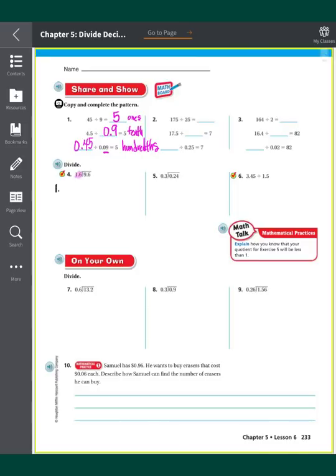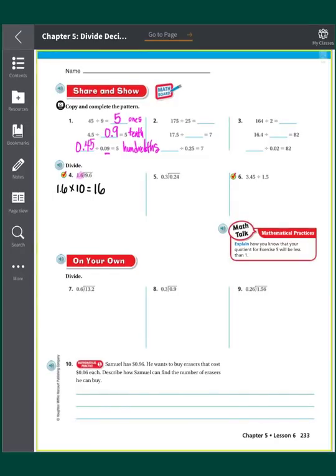So if I multiply 1.6 by 10, I'm going to get 16. So I have to make sure that I do that to both. So you're going to also multiply 9.6 by 10 and you're going to get 96. So now I can do 16 divided by 96. And then that is your answer. You don't have to put decimal points in there because you've already multiplied them by 10.